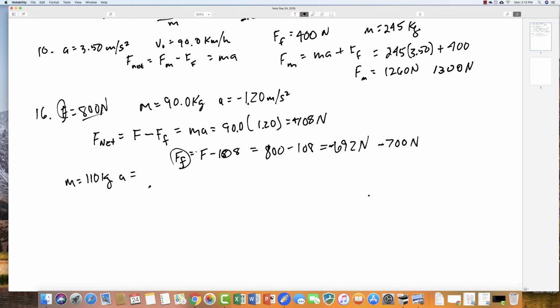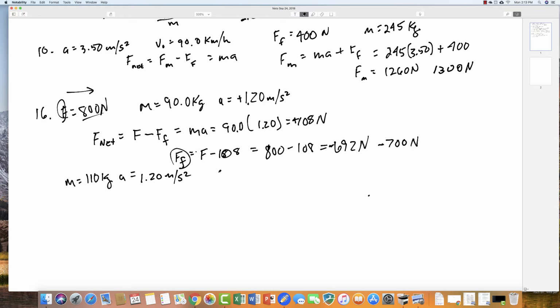Now his acceleration is the same. Let's say this is positive, because everything in the backwards direction, pushing backwards, is going to be positive.